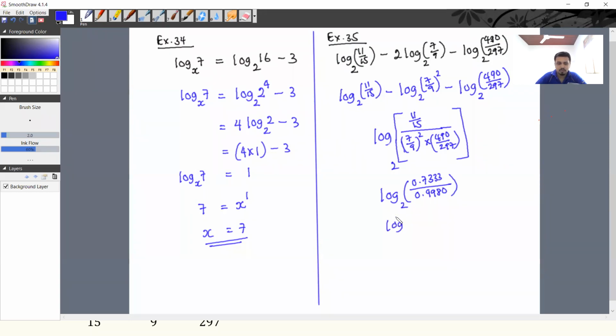So it should be log of 0.7333 divided by this one, 0.7347 to the base 2.